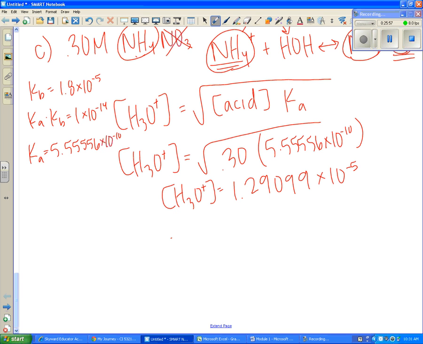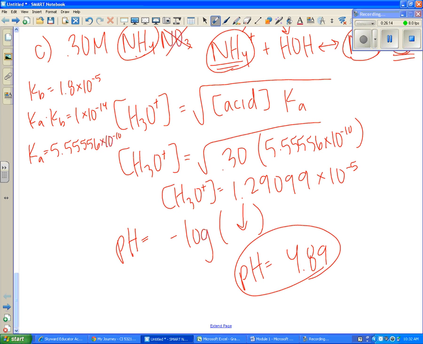The negative log. So I take the negative log of this value here, which will give me the pH. And when I calculated that, I got 4.89. Does that value make sense? Because it should be less than 7. It should be an acidic solution.